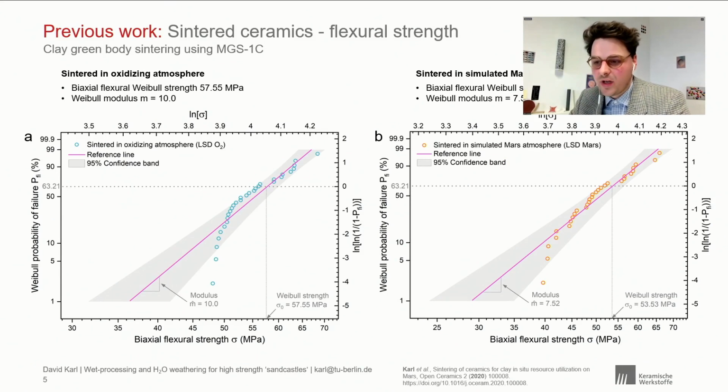If we go to sintering these 3D printed green bodies, we could produce Weibull distributions for sintering in oxidizing atmosphere with flexural strengths as high as 57 MPa and a Weibull modulus of 10. If we sintered in simulated Martian atmosphere, we saw 53 MPa, very similar.